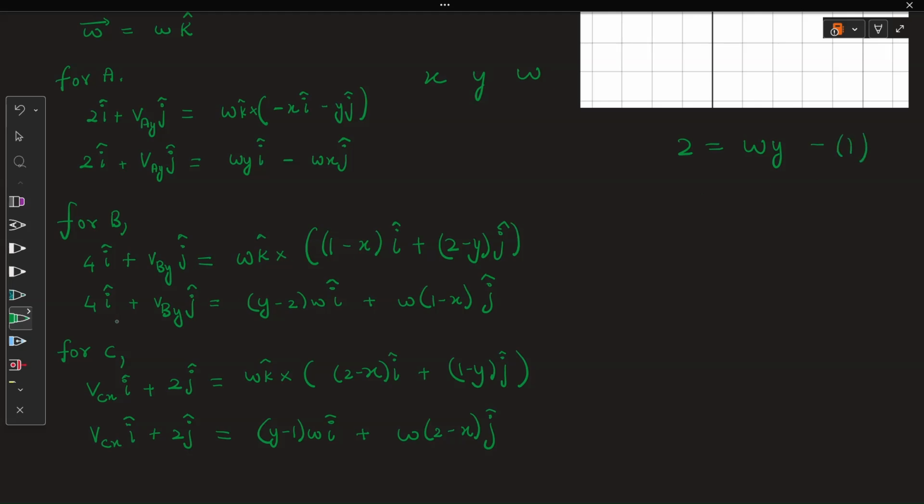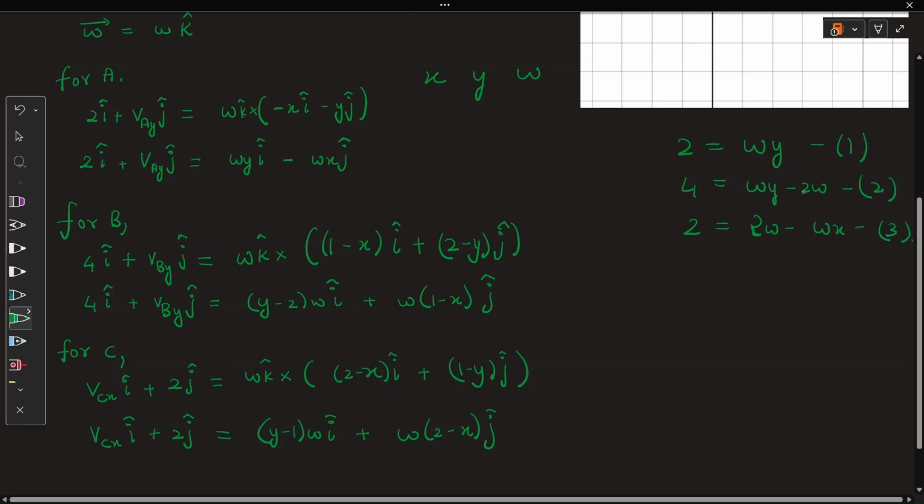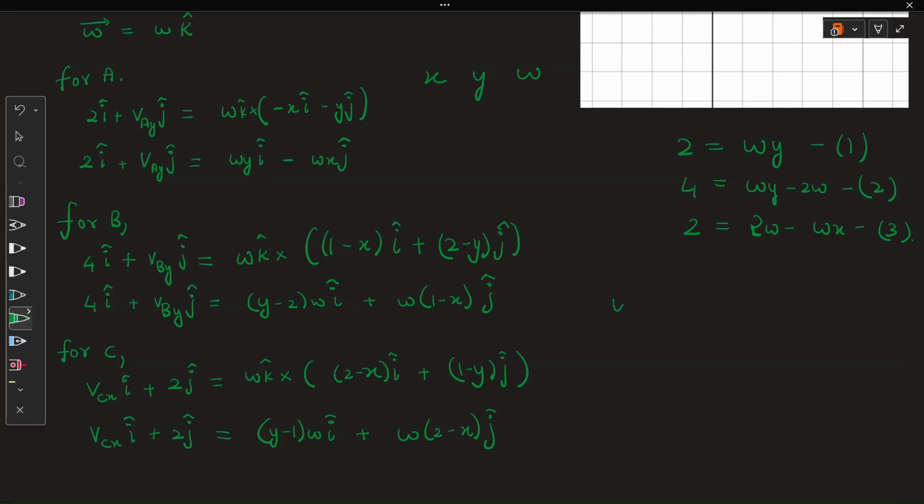Equation 2 is 4 is equal to omega y minus 2 omega. Equation 3 is 2 is nothing but 2 omega minus omega x. If I substitute omega y equal to 2 in equation 2, what I get is omega is minus 2.